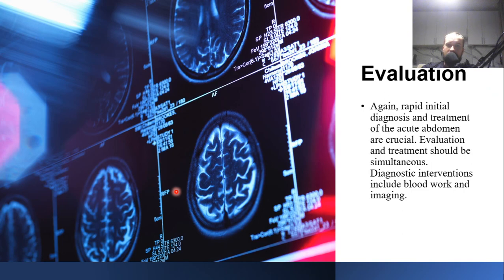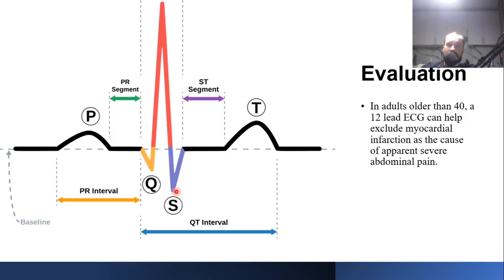Again, rapid initial diagnosis and treatment of the acute abdomen are crucial. Evaluation and treatment should be simultaneous. Diagnostic interventions include blood work and imaging. In adults older than 40, a 12-lead ECG can help exclude myocardial infarction as the cause of apparent severe abdominal pain.